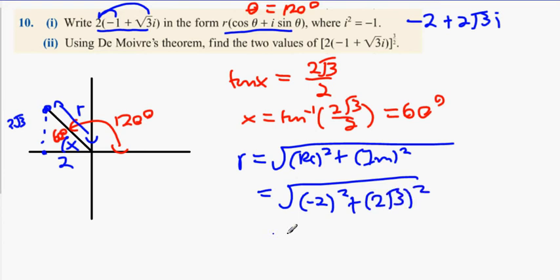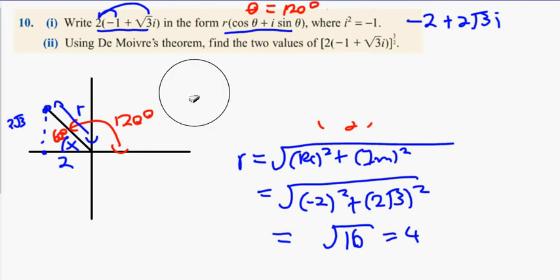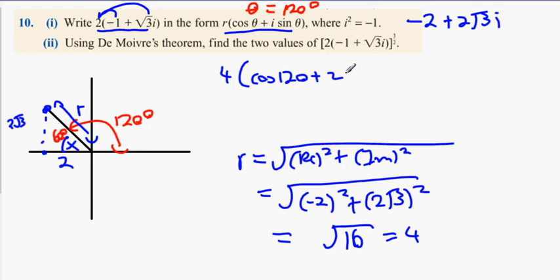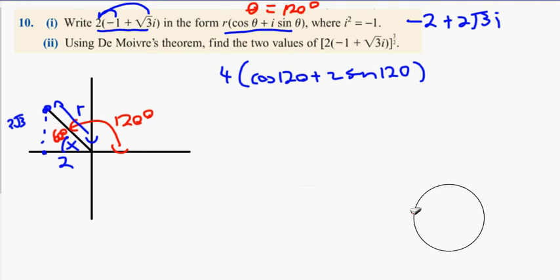Put that into the calculator, we're going to get the square root of 16, which ends up to be 4. Now let's change this all into the right form here. Okay, so we're going to have 4, cos 120 plus i sine 120.